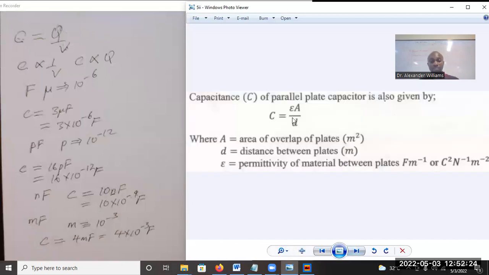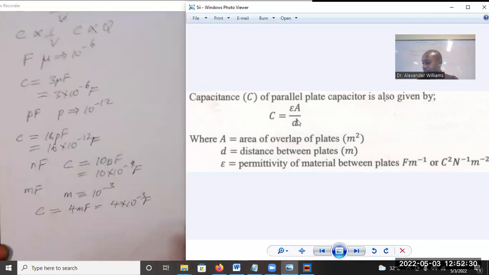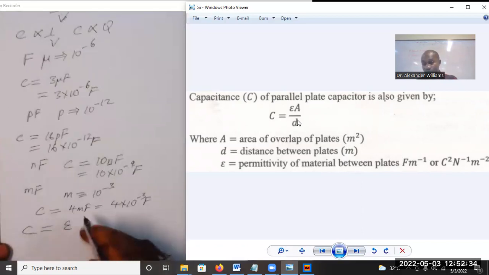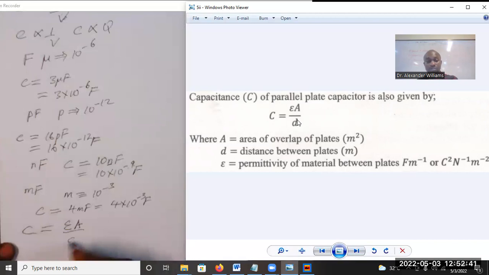A parallel plate capacitor is given by this expression here, C, where C is the permittivity of the medium between the plates multiplied by the cross-sectional area and divided by the distance of separation between the plates.